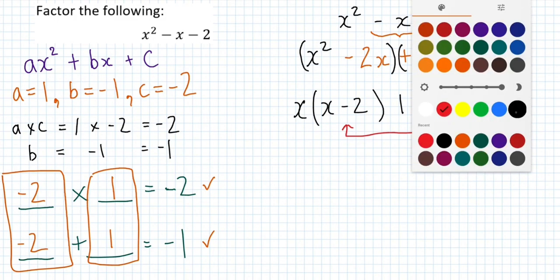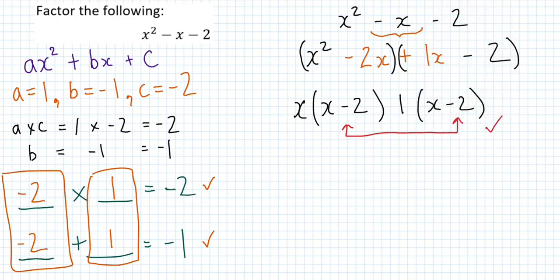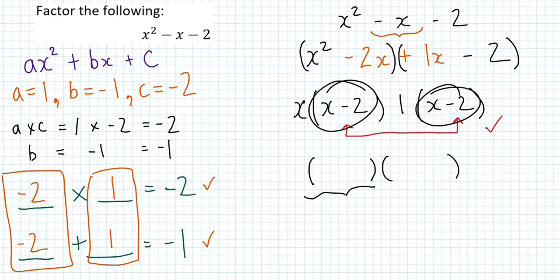Okay? Now, for the last step, to give us our final answer, we need to write two brackets. So what goes in the first bracket here is going to be the contents that are the same of these two brackets.